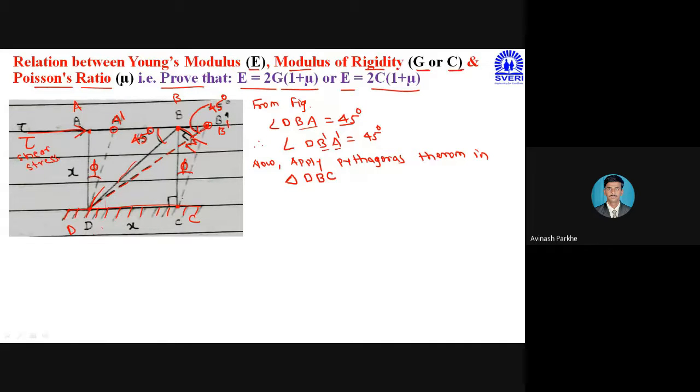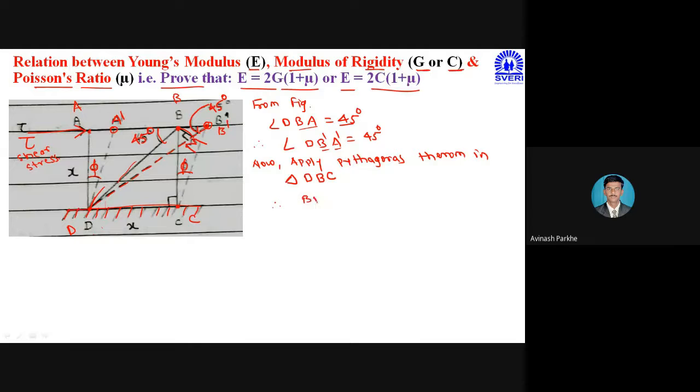You will get one right angle triangle, and in that particular right angle triangle, if I apply the Pythagoras theorem, please tell me what will be the formula in triangle DBC if I apply the Pythagoras formula. What will be the Pythagoras formula in this particular triangle DBC? DB square is equal to, yes, BC.